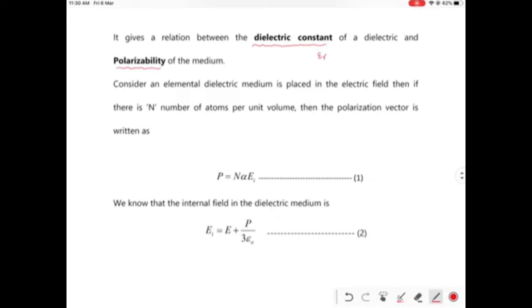Capital N is the number of atoms per unit volume. Therefore, the polarization vector is written as P is equal to capital N alpha EI, that is equation 1. By the relation between D, P, E, the local field EI is equal to E plus P by 3 epsilon naught, that is equation 2.